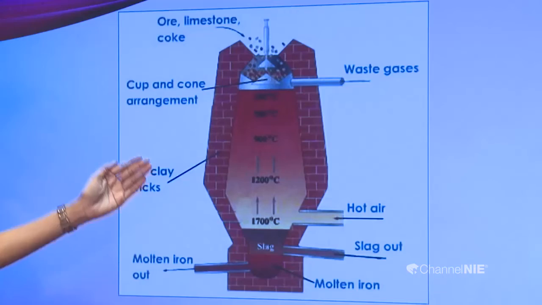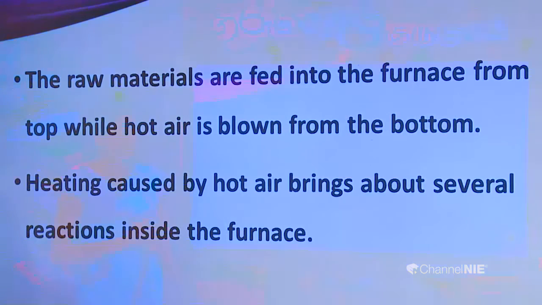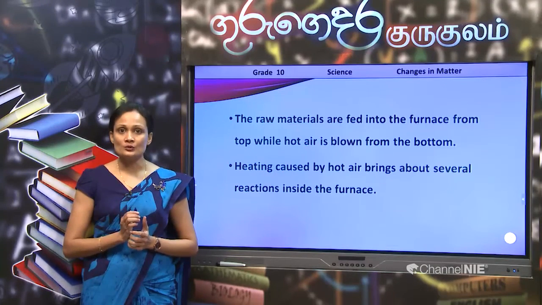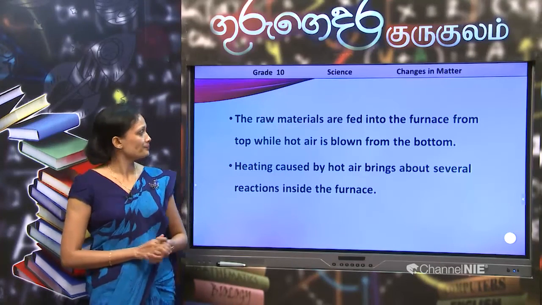Then at the bottom of the furnace, there are two openings to remove the product from the furnace. Now I am going to explain the procedure that we use to get iron from hematite.